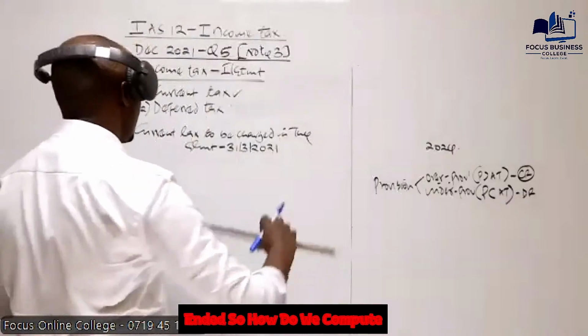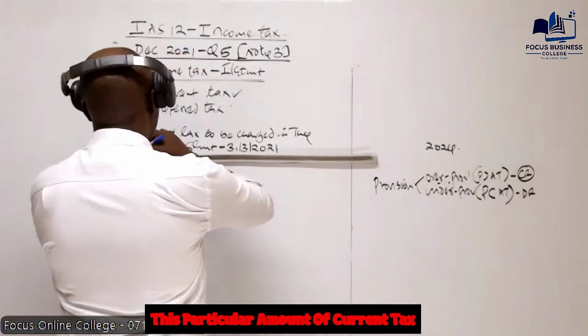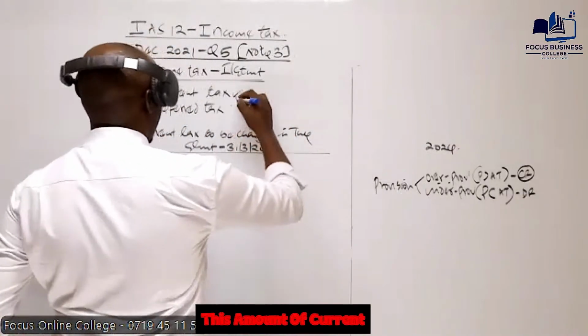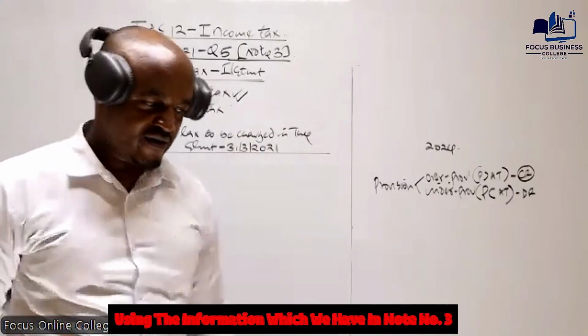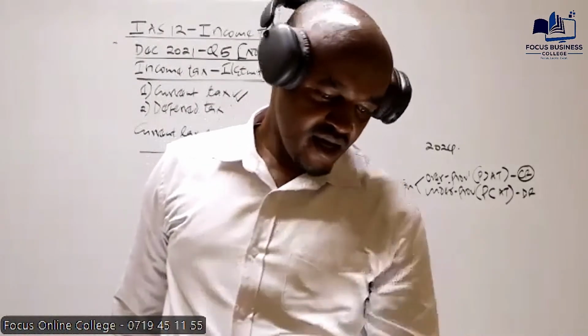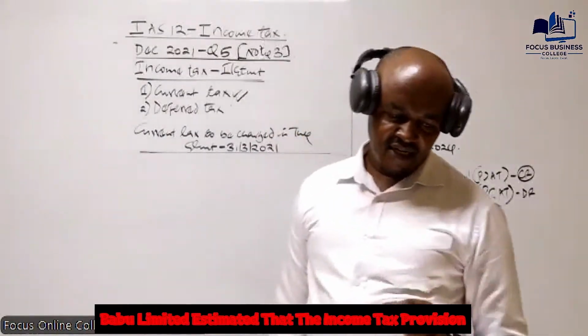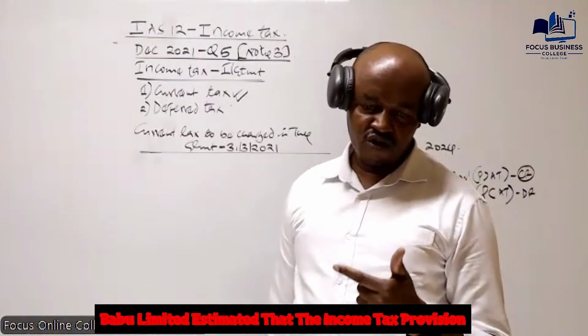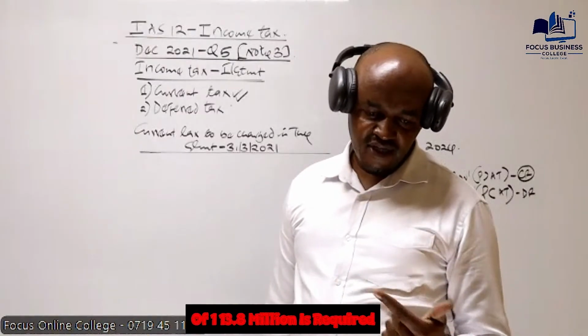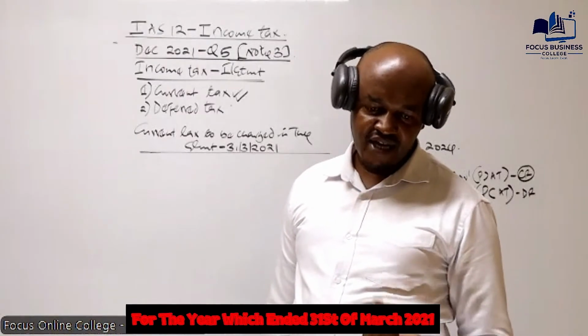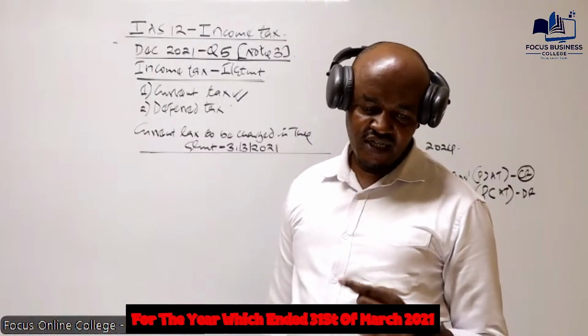So how do we compute this particular amount of current tax? This amount of current tax, we are going to compute using the information which we have in note number 3, specifically paragraph 1. In paragraph 1, you're told Babu Limited estimated that the income tax provision of 113.8 million is required for the year which ended 31st of March 2021.